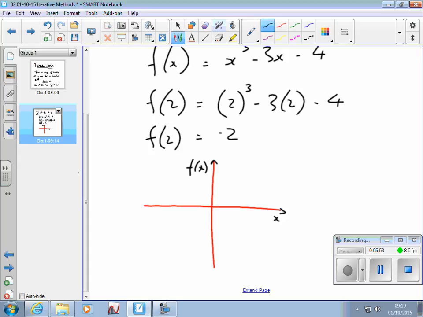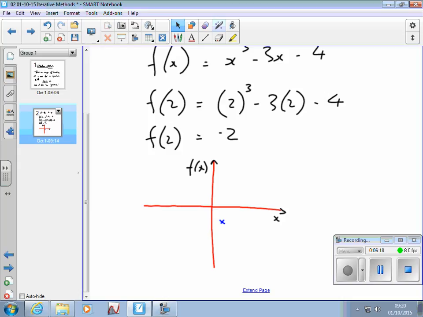So we found a point on here. When x is 2, the function is minus 2. Remember, we're after the value of x when the function is 0. So what do we do now? What do you think? Lewis, your turn.